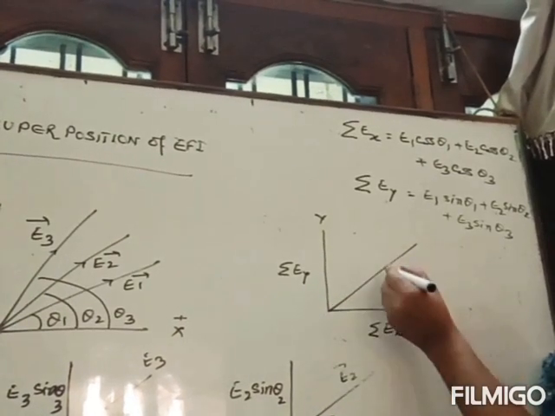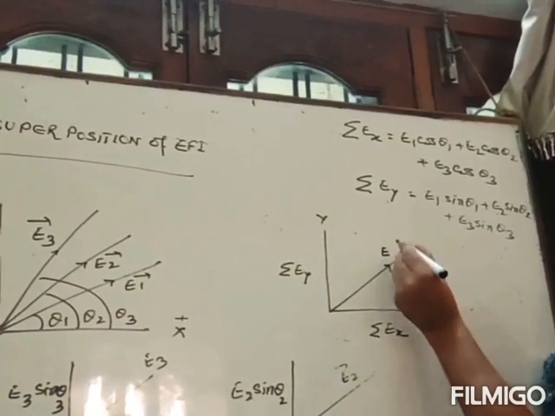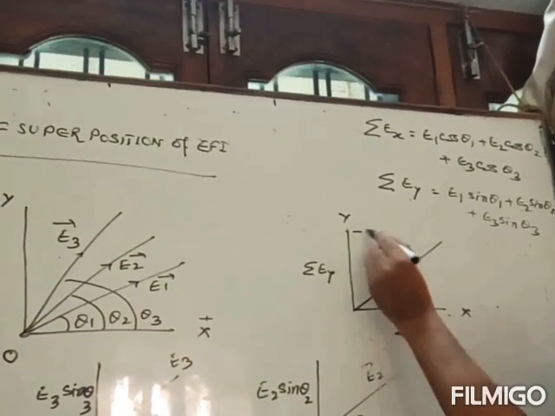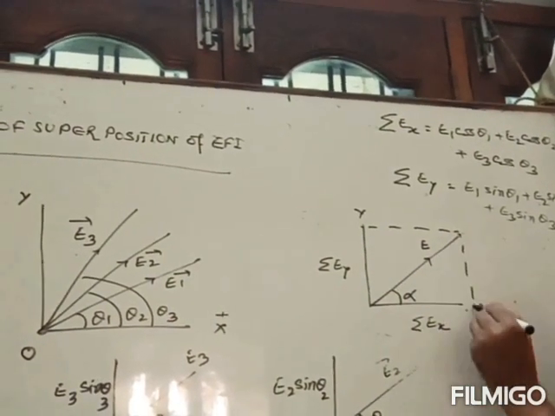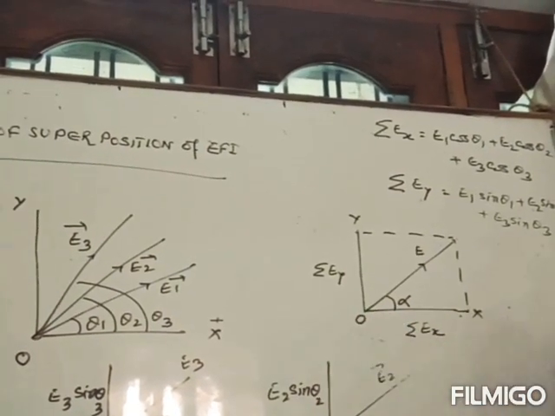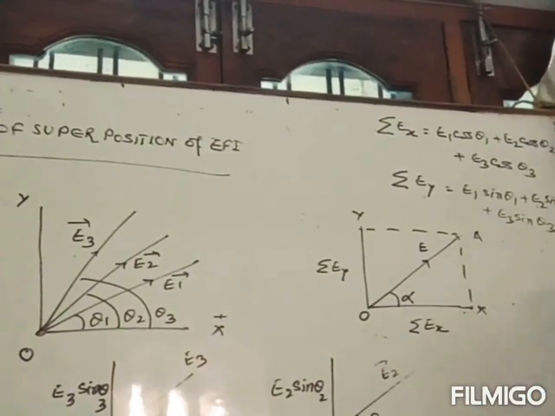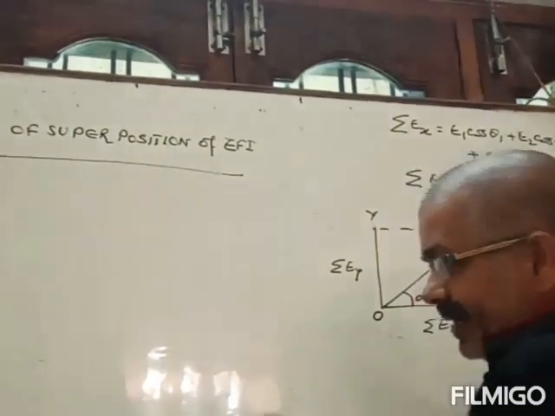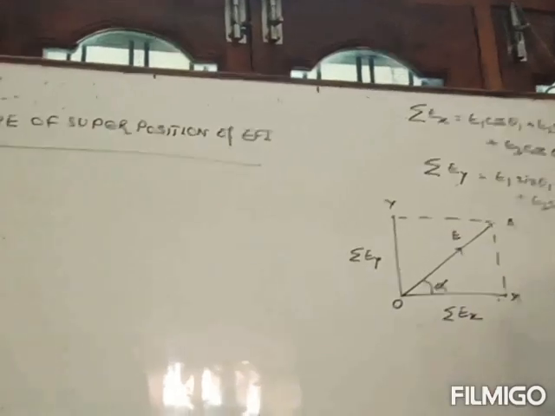Suppose the resultant is E and makes an angle alpha from the x positive axis. Let it be O. Suppose it is A. So use the parallelogram law of vector addition to get the resultant EFI and direction.